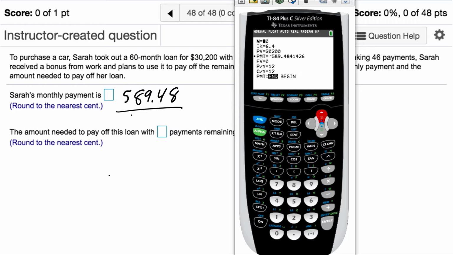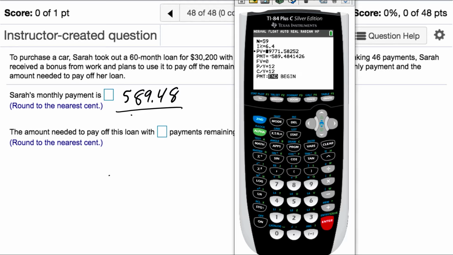So if we wanted to see how much she owes after one payment, we could make that 59, and go down and solve for the present value. We could see that she would owe $29,771.58 after making one payment. So we can just change n, the number of payments remaining, to solve for this.